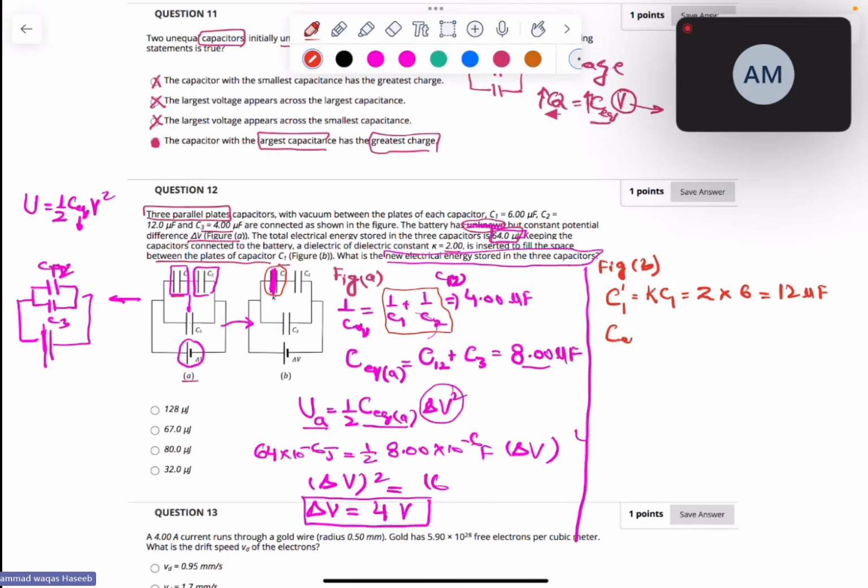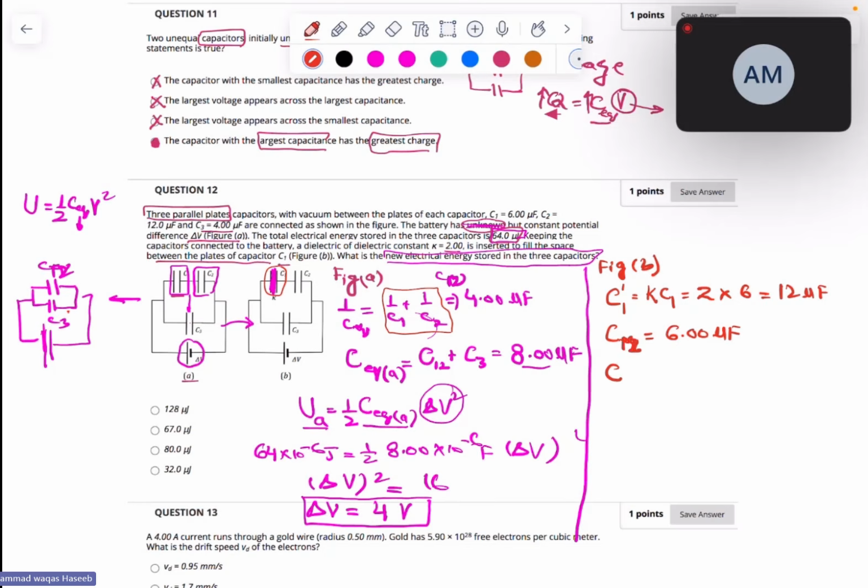So your equivalent capacitance will be 1 over C1 prime plus 1 over C2. And when you do the calculation, you will get the value in microfarad. Then the circuit will become like this, and then it will be parallel.